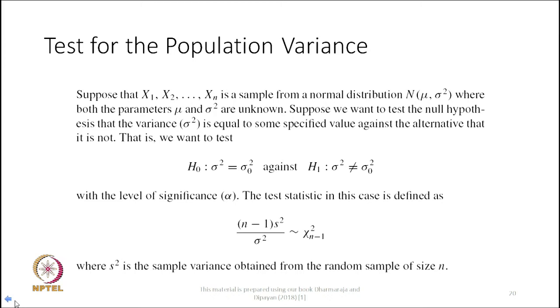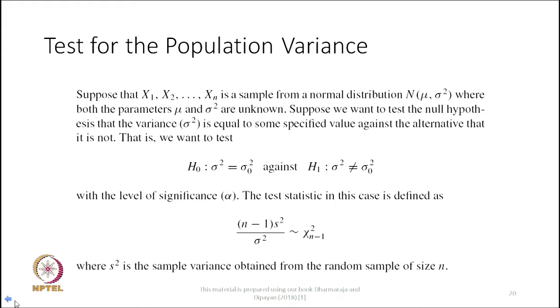If it lies in the critical region, then the null hypothesis will be rejected. If the value of the test statistic does not lie in the critical region, then the null hypothesis is not to be rejected.